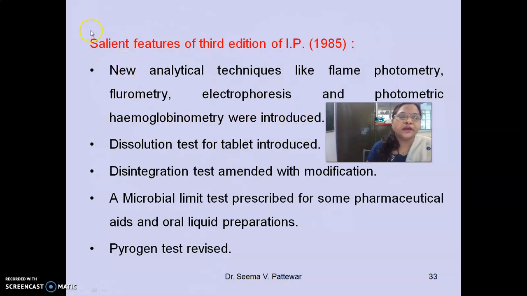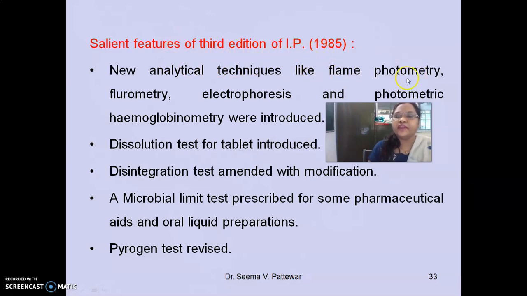Means what? In the last pharmacopoeia, some changes have been made in the new editions of the IP. So what are those? Those are the salient features of the third edition of the IP.